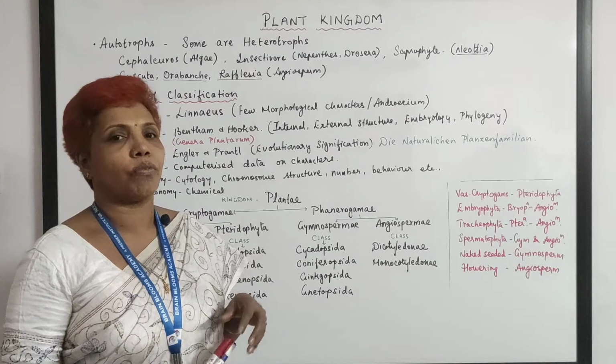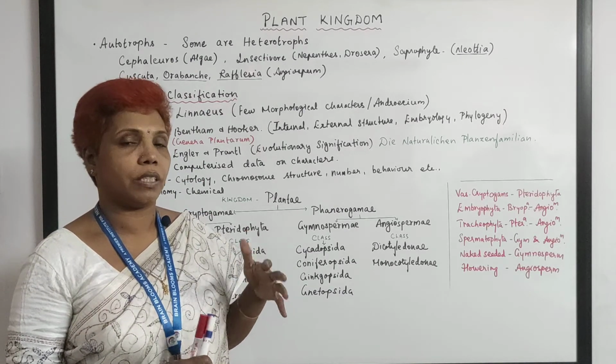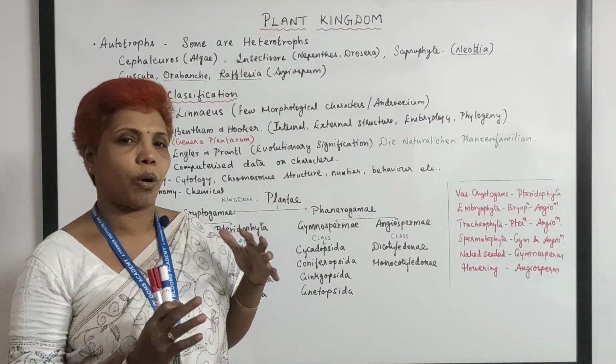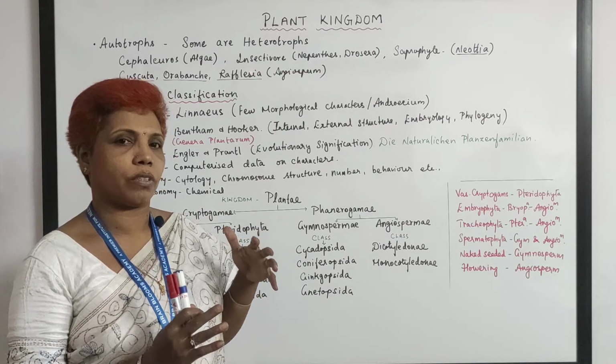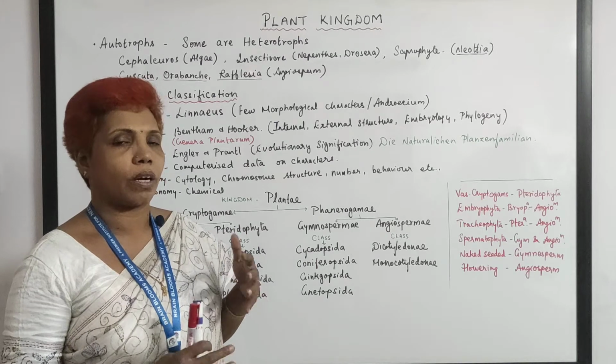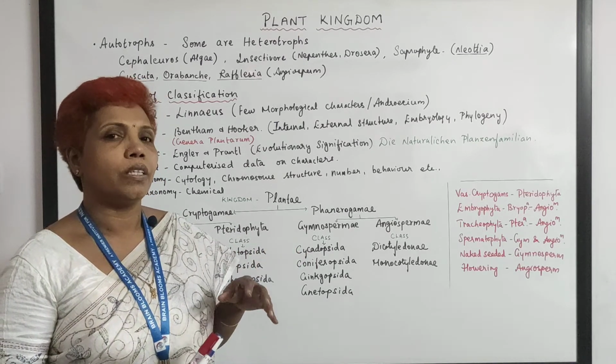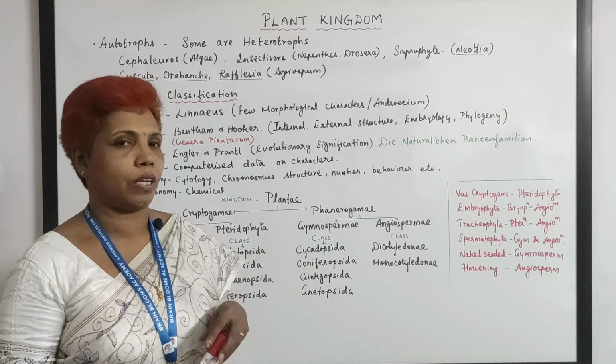In artificial classification, Linnaeus has given just a few morphological characters for a classification, and Andricium, Monandria, Diandria is said. So this classification was an artificial one.